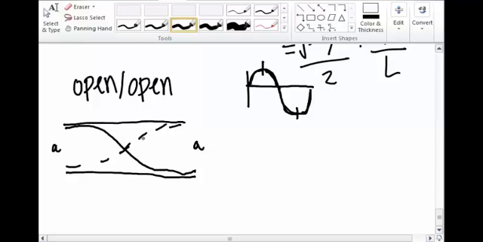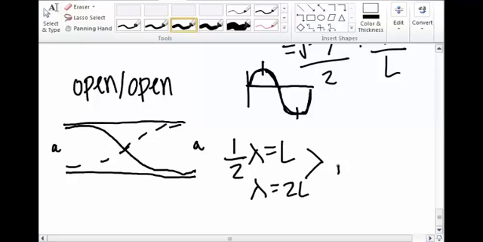I have 2/4, right? So I kind of have this middle center business. So I have 1/2 lambda is equal to this length, or 2L. So then I get the frequency is equal to V over 2L. Okay.